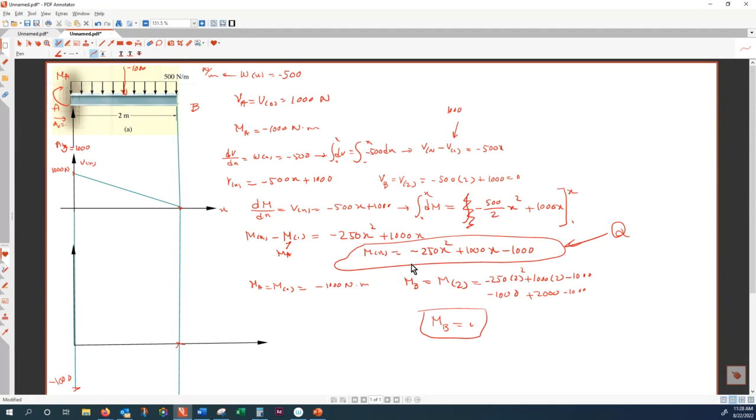So this is a reverse cup, a quadratic, and that should go like this, right? And between, the shear force has no zero. So the zero value is here. Therefore, I can expect this is the maximum point.